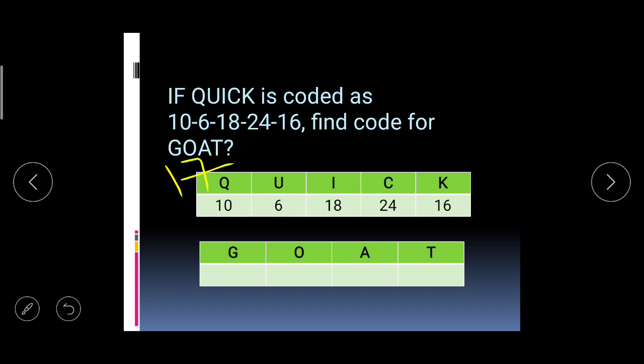Q is 17, U is 21, I is 9, C is 3, and K is 11. 17 is 10, 21 is 6, 9 is 18, 3 is 24, and 11 is 16. Do you understand any pattern? Just visualize. What is happening?